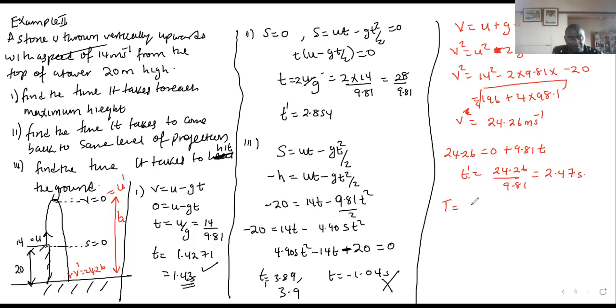So the total time would become, what is the first time of flight? We go to our maximum height, 1.43 plus 2.47. We get exactly 3.9.